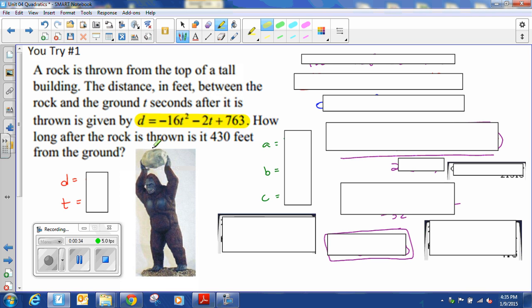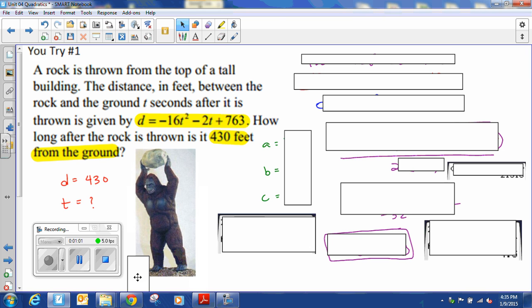How long after the rock is thrown is it 430 feet from the ground? So the given information is 430 feet. That is the distance. T stands for time. We want to know how many seconds it will be before it's 430 feet from the ground.